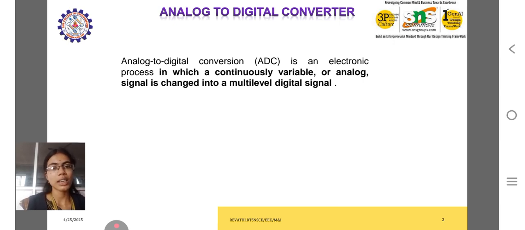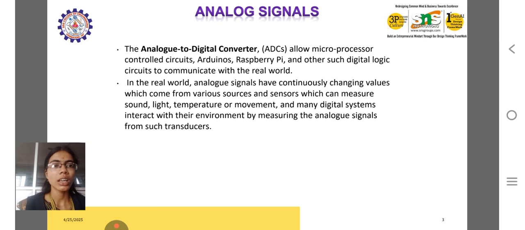For example, we consider a smartwatch, where the process inside is an analog process, and then the time is displayed as a digital thing. There are various sources and sensors which can measure sound, light, temperature or movement, and interact with an environment by measuring the analog signal from such transducers.